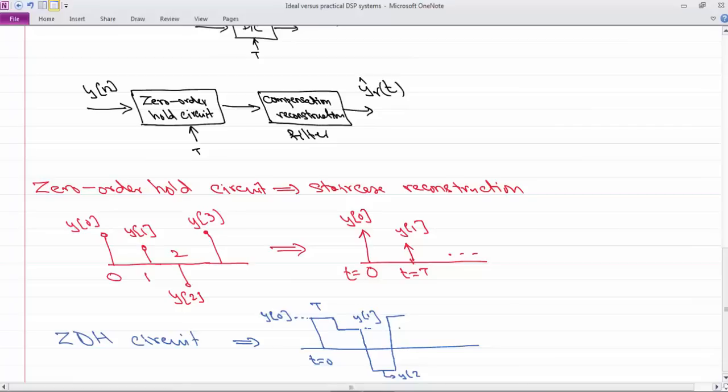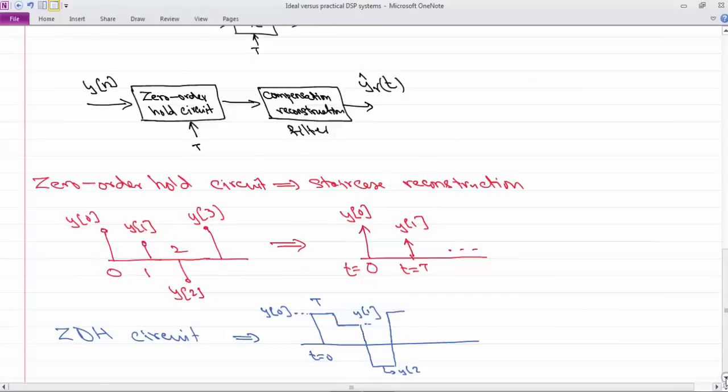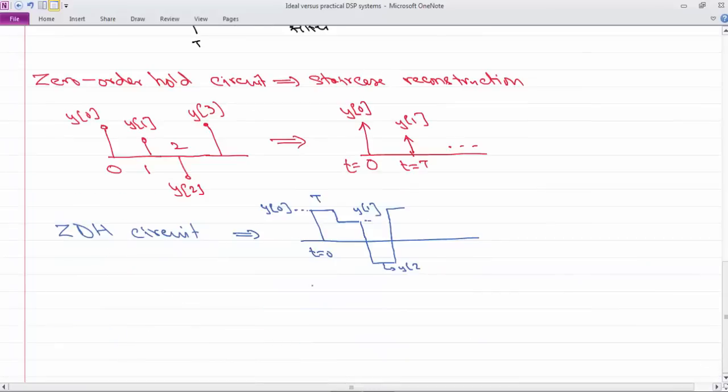Okay. So instead of the ideal reconstruction, which involves the sinc interpolation, you can see that this is sort of interpolation, but now using just this constant signal value. Okay. You can also write that down. So actually, you can also derive that.